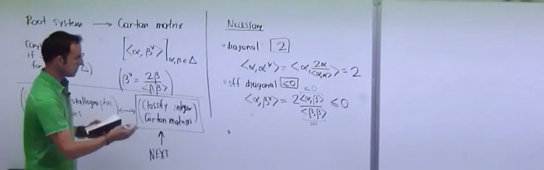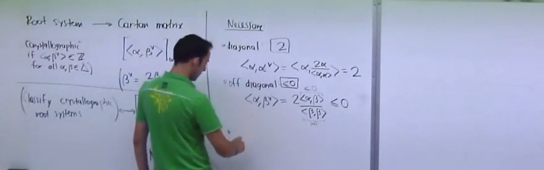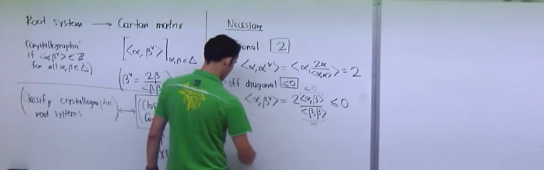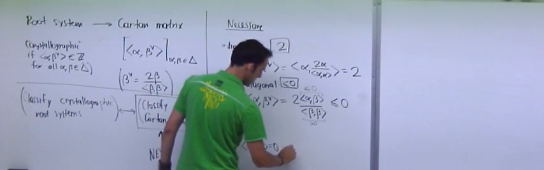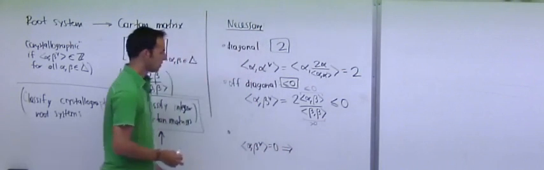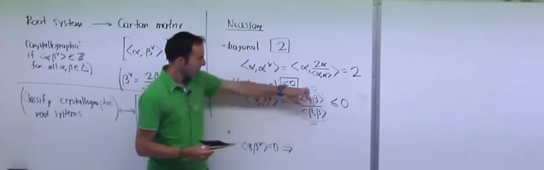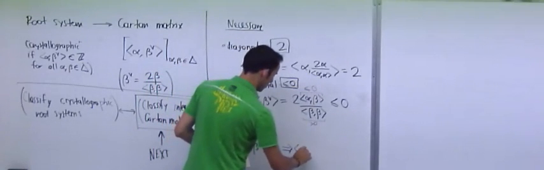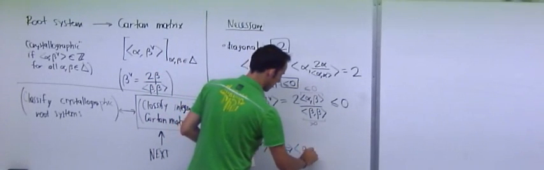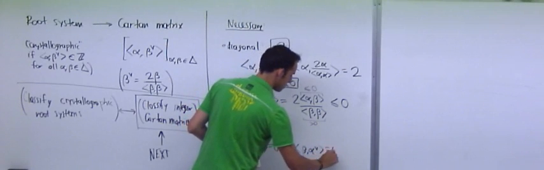And just one last thing, which is that if you have that alpha beta check is 0, then alpha comma beta is 0, which is going to tell you that when you do beta comma alpha check, that's also going to be 0.